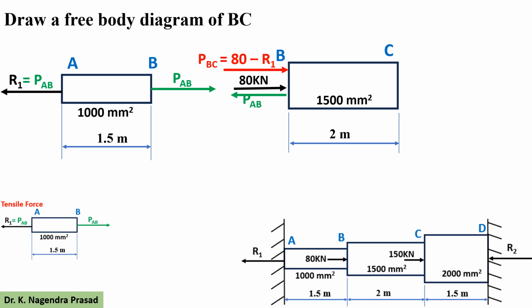So, the net amount of force is 80 minus PAB, because the 80 kN force and the reaction force R1 are in opposite directions. So the net force is 80 minus PAB, that is 80 minus R1.